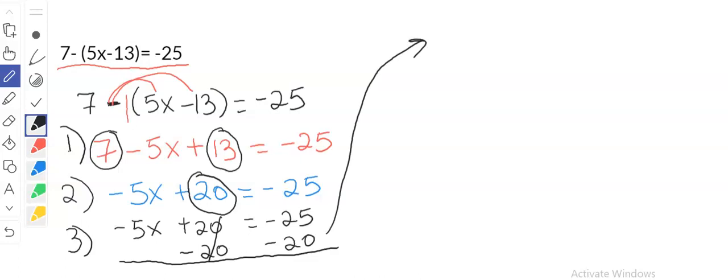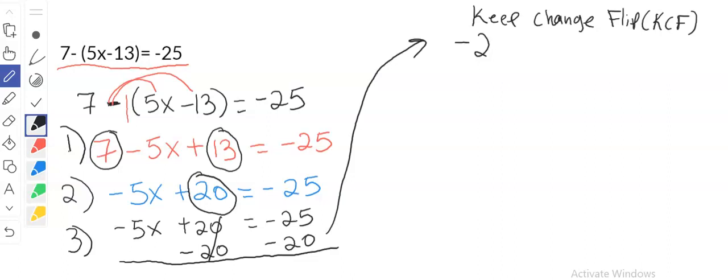Okay? So just keep this in mind: keep, change, and flip. I like to call it KCF. Okay? So you have a negative 25 minus 20. What happens is that you keep the negative 25 as it is.